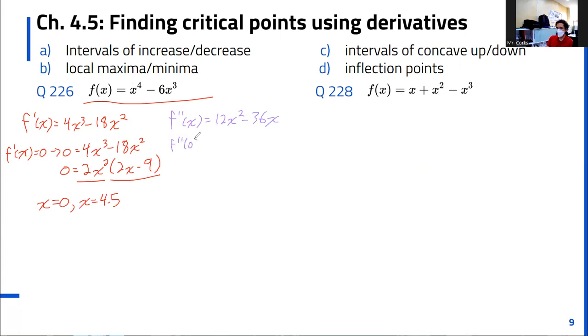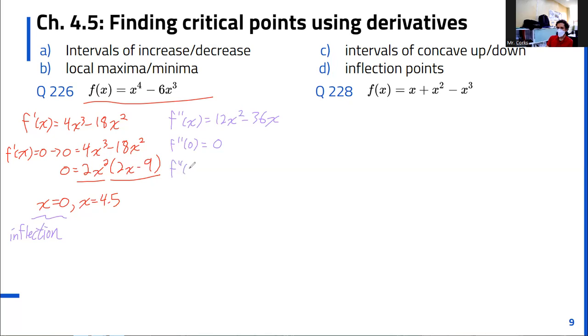So second derivative at 0 here, that will just give us 0 and 0. So that whole thing is actually just equal to 0. Okay, so it turns out that x equals 0 is not a turning point. It is an inflection point.